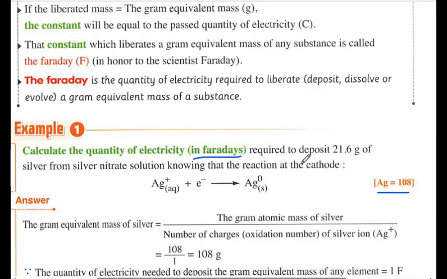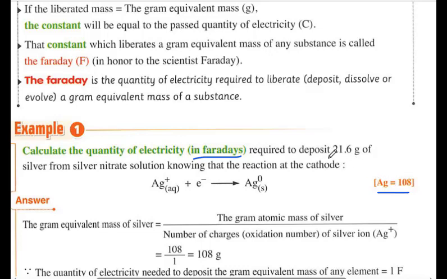So we know that 108 is the equivalent mass, as the charge of silver is +1, so the atomic mass equals the equivalent mass. So the equivalent mass, 108 grams, will be deposited by using 1 Faraday, as the Faraday is the quantity of electricity required to deposit the equivalent mass of any substance.